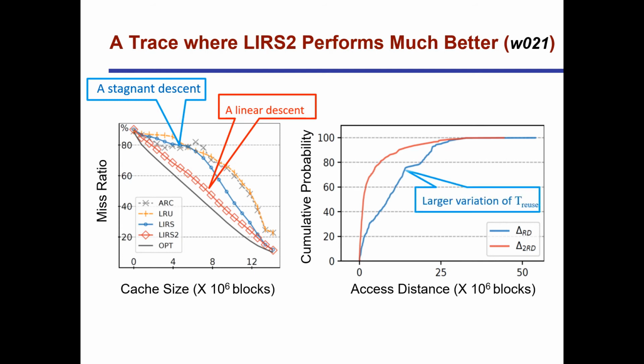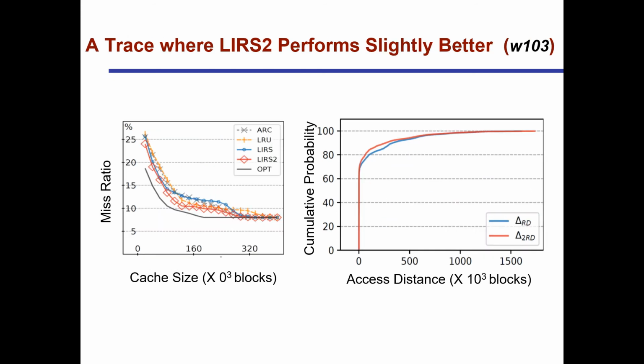To see the reason, we also plot CDF curves of variations of reuse distance and 2 reuse distance. And we can see that 2 reuse distance has much smaller variation than 1 reuse distance, indicating that LIRS2 uses a more stable locality measure.